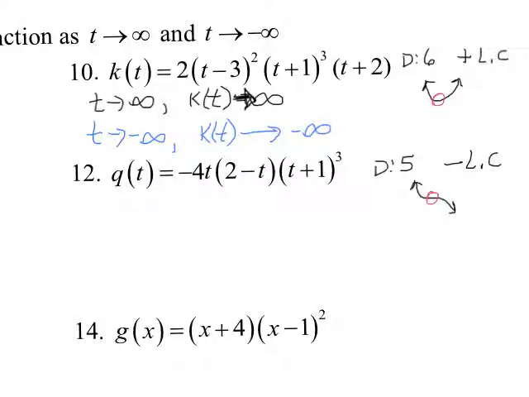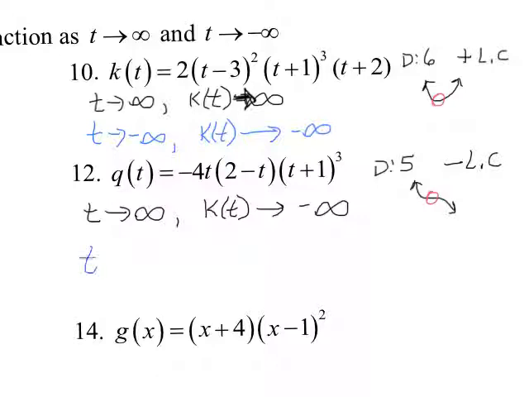So my end behavior as we go to the right, so as t goes to infinity, k of t is going to go to negative infinity. So as we go to the right, we're going to go further down.